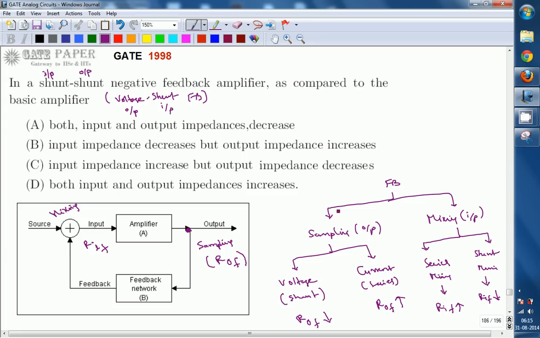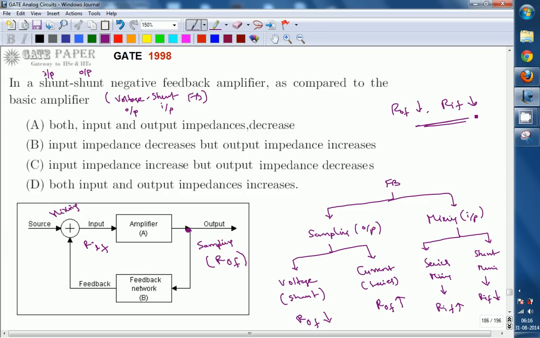So from this table we can say that this is voltage shunt feedback. Voltage means output sampling, that is, voltage sampling, with shunt mixing. Voltage sampling reduces R0F, and shunt mixing reduces RIF, so both are reduced.